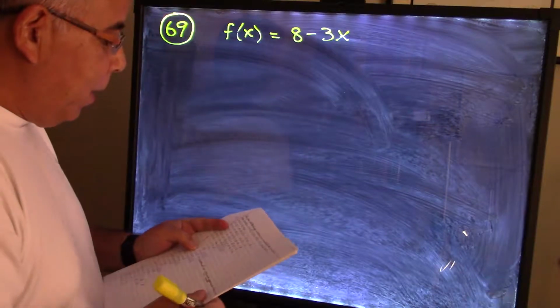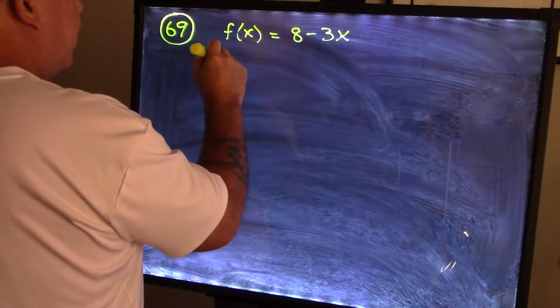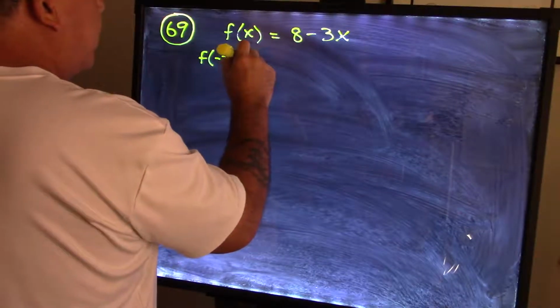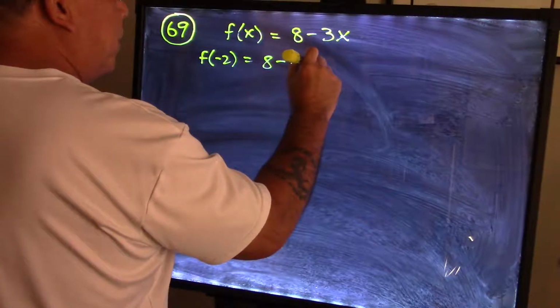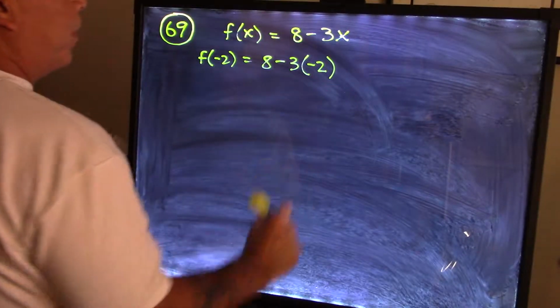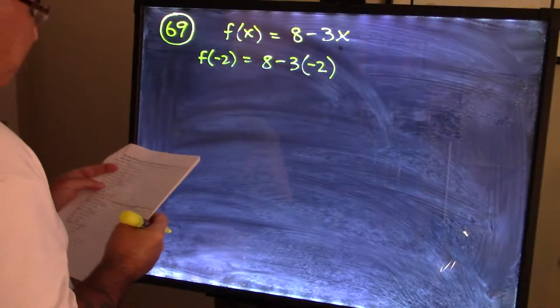So f of negative 2 is equal to 8 minus 3 times negative 2. Just plug in negative 2 where you see the x in the formula.